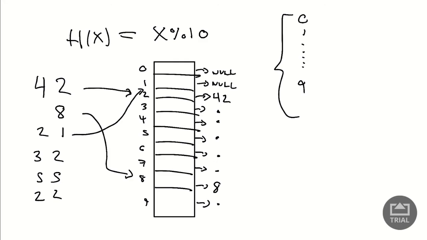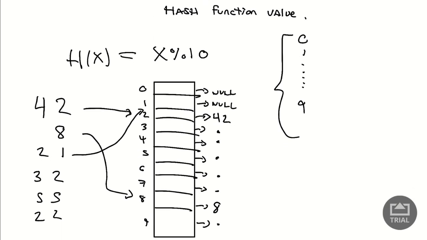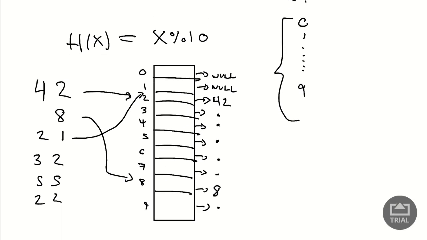Before we would give up, but now we're doing separate chaining. Oh, sorry, no, what am I saying? 21 goes here. There's no collision. Sorry, I thought it was 22 for some reason.